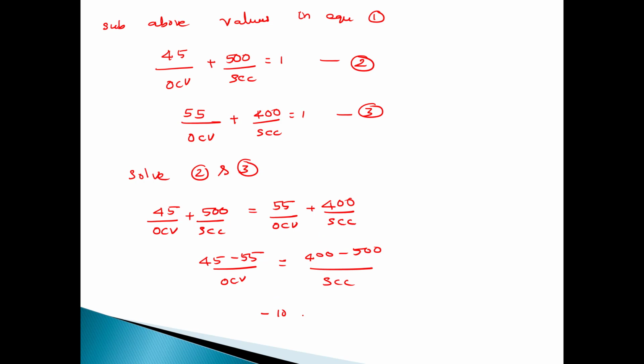So minus 10 over OCV equals minus 100 divided by SCC. From that we can get SCC equal to 10 OCV. So take it as the fourth one.